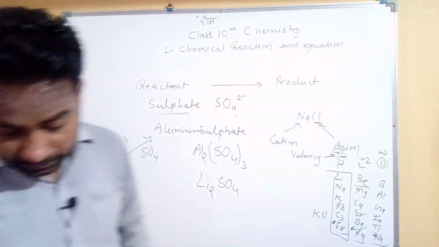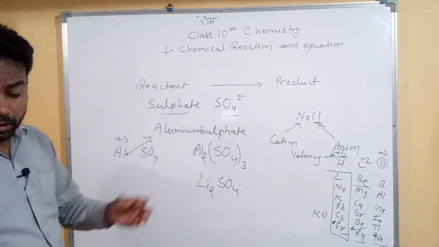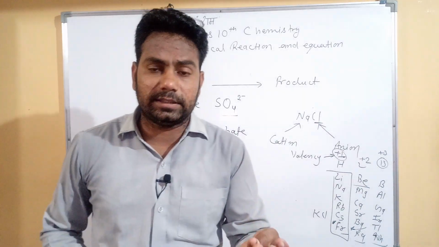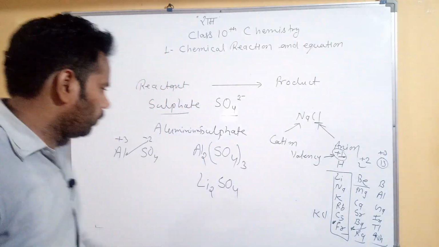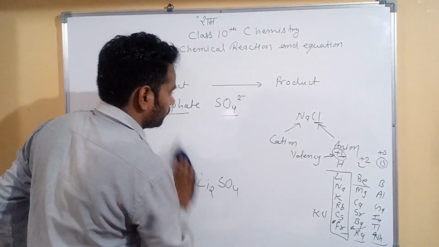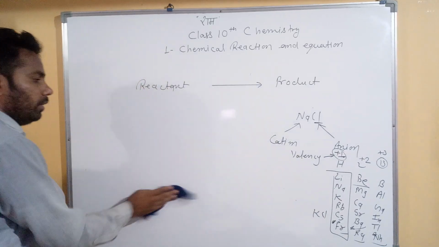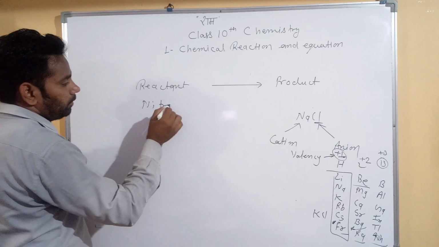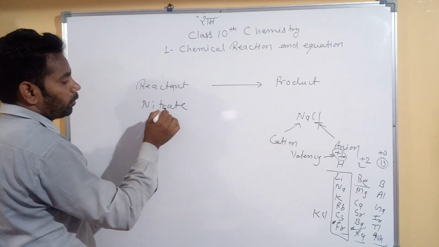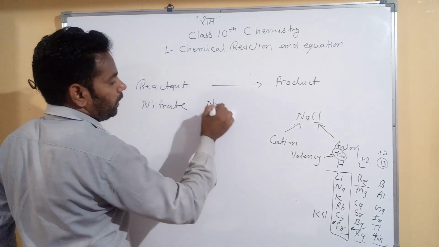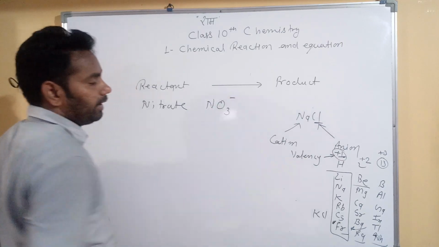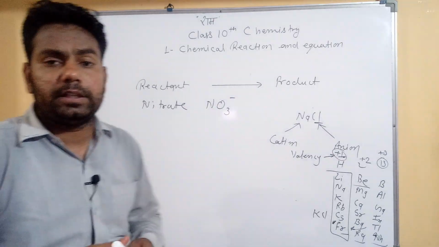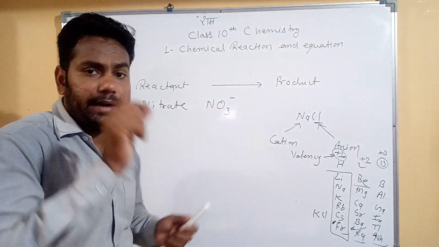I think you remember the oxides, chlorides and sulfates. One more formula we have: nitrate. The formula of nitrate is NO3 with 1 negative charge.